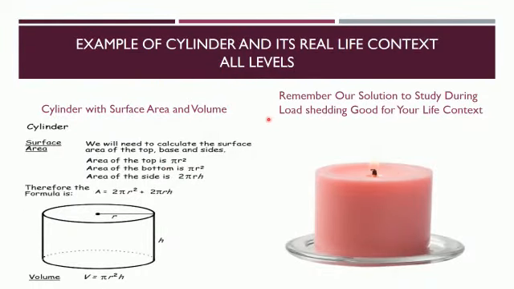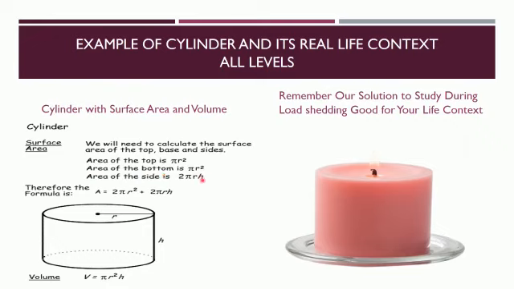Example of a cylinder and its real life context for all levels again. Cylinder with surface area and volume indicated below. The surface area of a cylinder is the area of the top, which is a circle. The area of the top, this one, is pi r squared. The area of the bottom, again, is a circle.